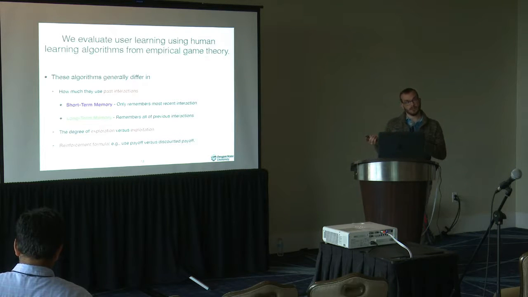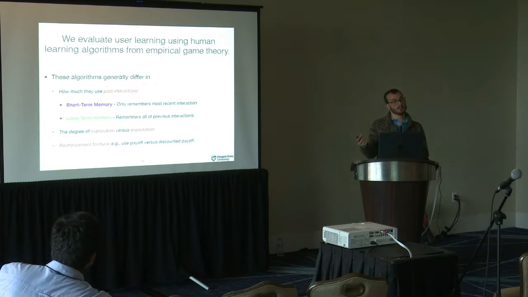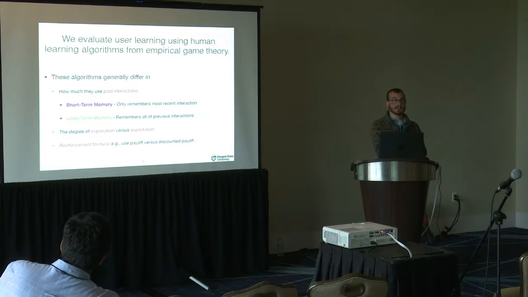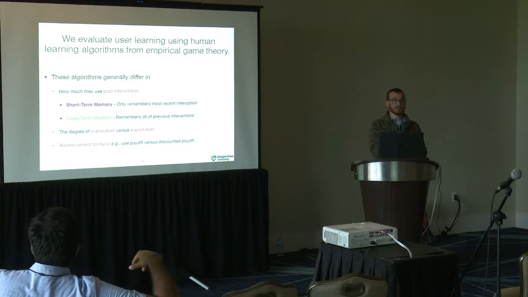So we've evaluated multiple different learning algorithms that come from empirical game theory, and they differ in a couple of respects. The first is how much they consider past interactions, short-term memory versus long-term memory.